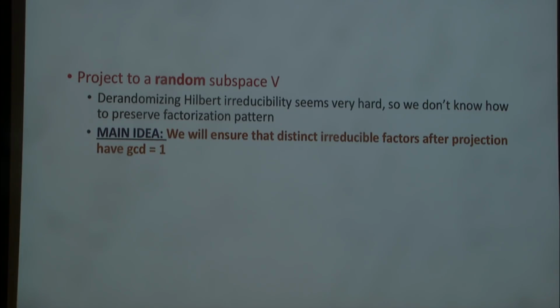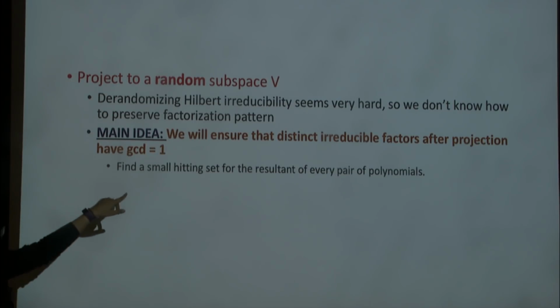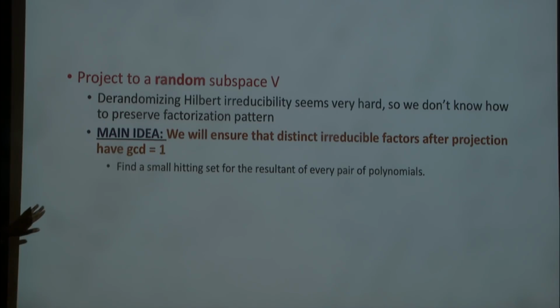Though they might further subdivide, they'll stay separate. Their GCD will be 1. This is a feature we can ensure. We'll get a projection that gives us this fact: for an original polynomial, any 2 different factors will have GCD remain 1 after the projection.